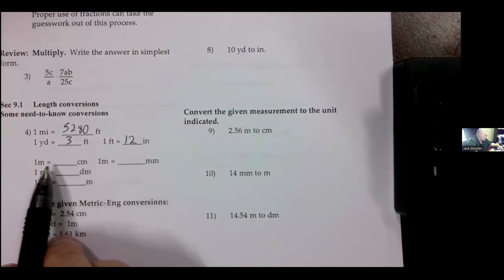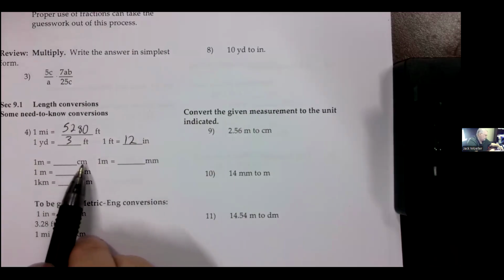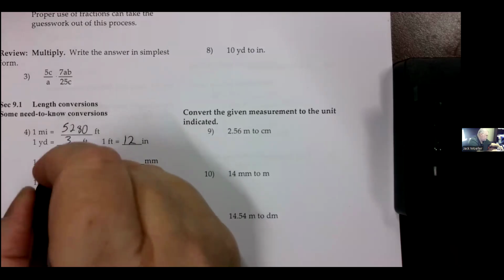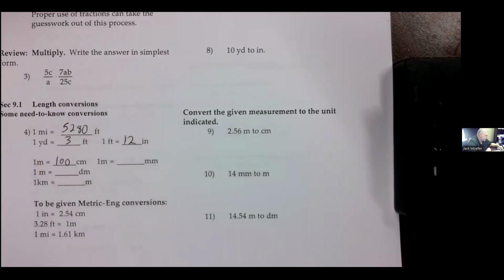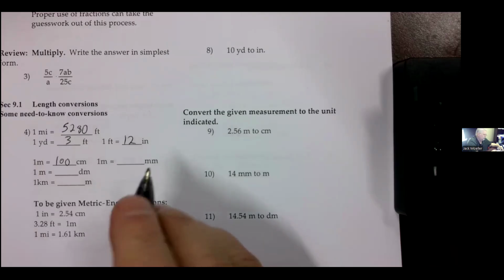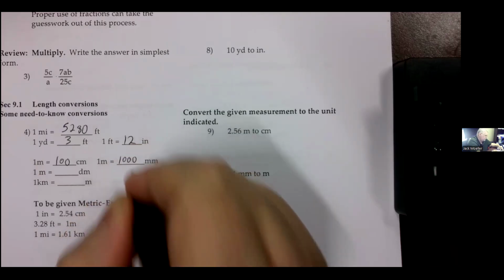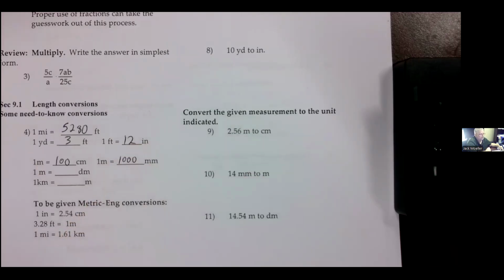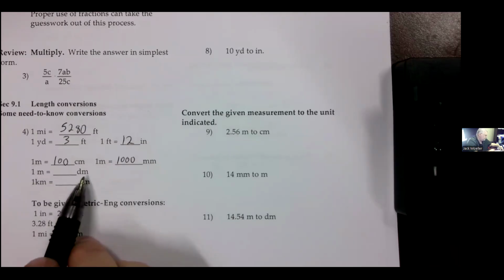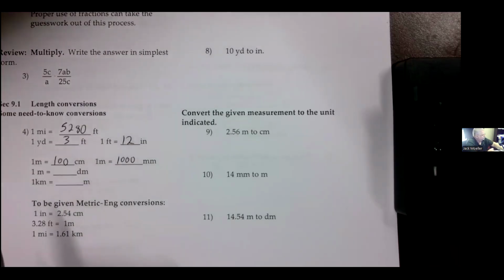And 1 m is how many cm? cm is centimeters. Centi means 1/100. So there are 100 centimeters in a meter. What's mm? Well, that's millimeter. Milli is 1/1,000. So there are 1,000 of those little millimeters in a meter. Now for the next one, 1 m is blank dm.